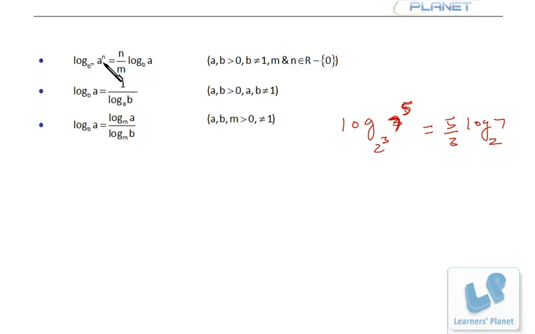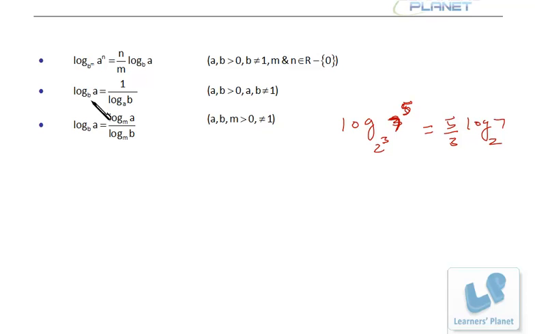B, M, A, N. So N by M, that is this by this, and log A to the base B, that's log 7 to the base 2, right? So this is how we can write it. Okay, so that's important. This property is used frequently.